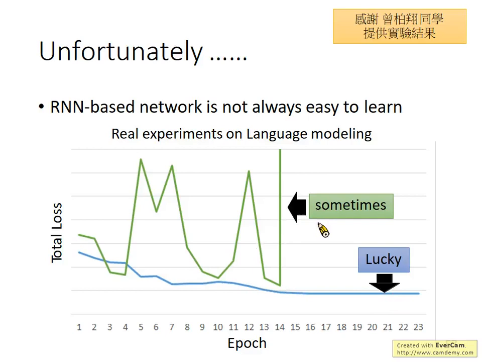However, sometimes when we are not lucky, the total loss looks like this. There seems to be no pattern, and we cannot predict how the value of the total loss changes. Sometimes the total loss becomes very, very big, and during learning you will see NaN, not a number. So in practice, we usually cannot smoothly and successfully find the best solution of an RNN network.